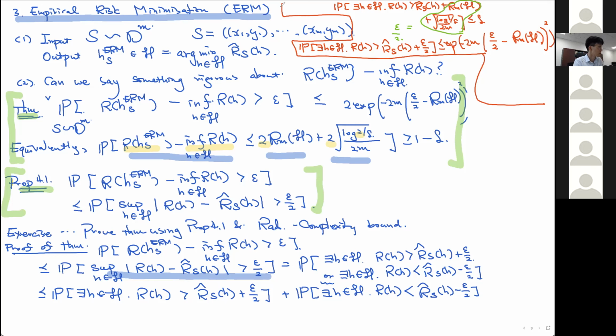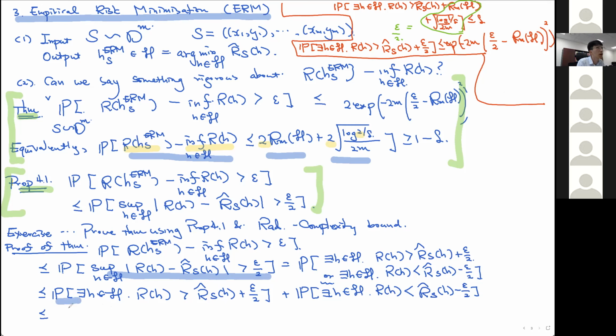So if we plug in that quantity, so use this form. Then for this part, the first part, we can apply this.